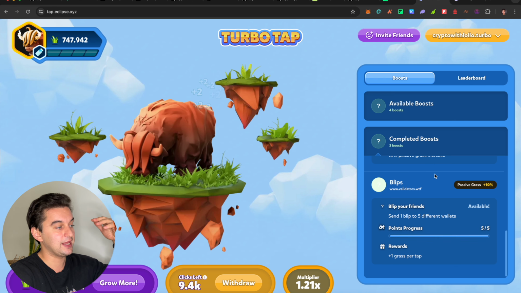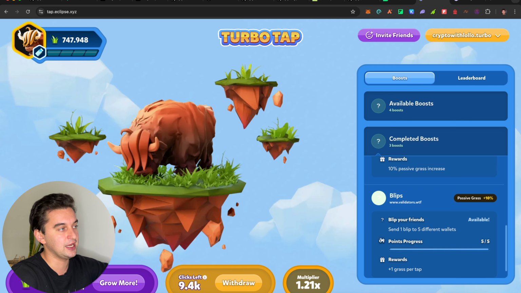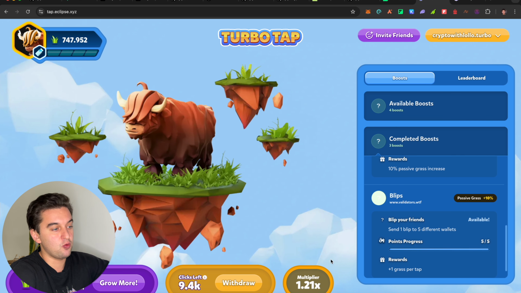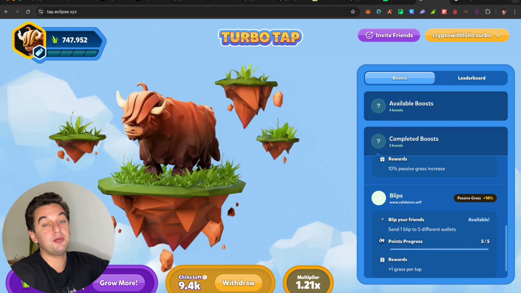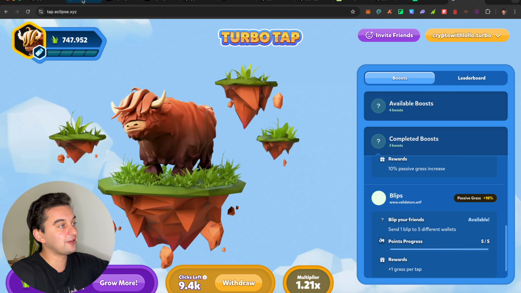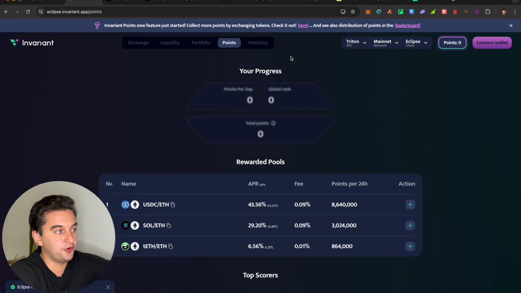The other one, when it comes to the liquidity, as you see here, if you go back a few days ago when we talked about the Eclipse airdrop and the tap to earn airdrop, I had 2.7k. With all of this boost, now I get 3.6k. And I am pretty sure that, for example, Invariant is not there yet, but Invariant is one of the biggest projects over on Eclipse, with a community behind it that likes it.